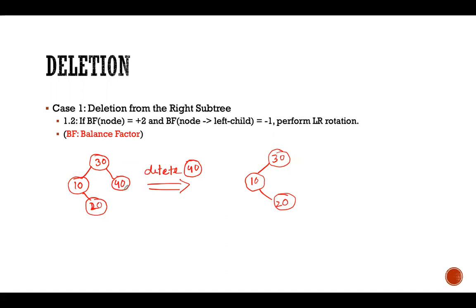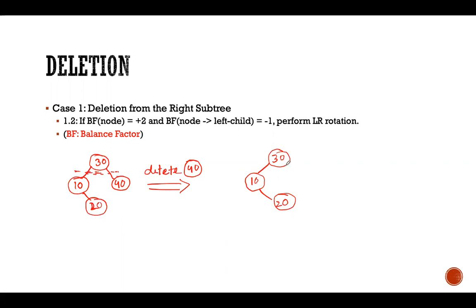Starting from the 40, nothing will change in the left side. The only thing that is going to change is in the right side and the upper levels from that node. After we delete 40, starting from the node 40, we're going to check every node on the right side, going only to the upper level.